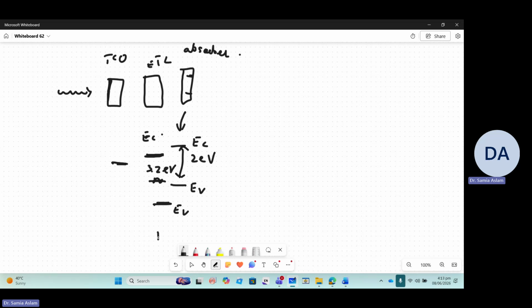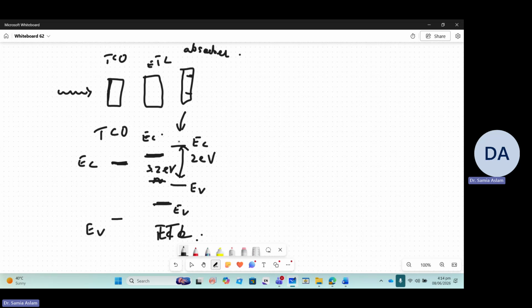So this is the TCO. And then we have, sorry, this is the ETL layer. Now I am just considering the energy levels present within these 3 layers. And over here, this is the conduction band edge of TCO. And this is obviously its valence band, right?